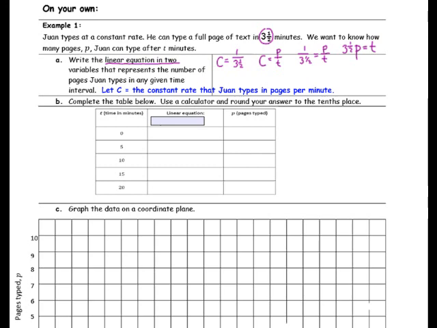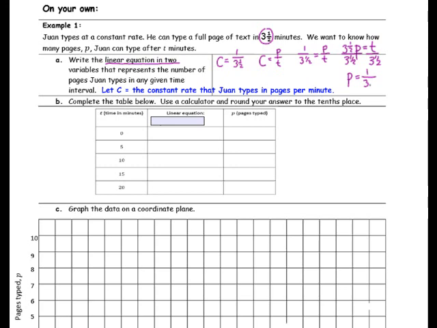Next, we need to solve for the variable p, so we can determine the number of pages he types at any given time interval. To solve for p, we divide by the coefficient 3.5. Simplifying, p is equal to 1 over 3.5.